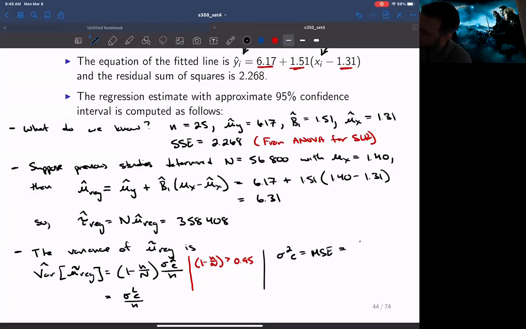So this is going to be the SSE divided by n minus 1. It's not n minus 1 though, it's actually n minus k in that case.